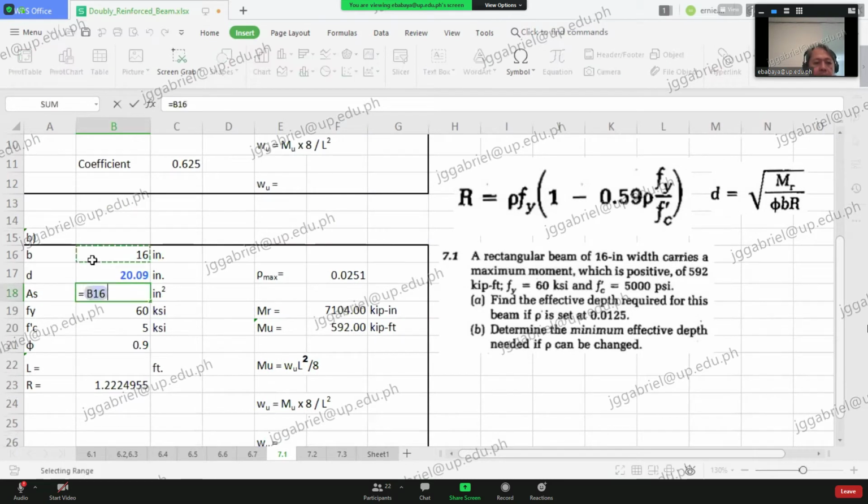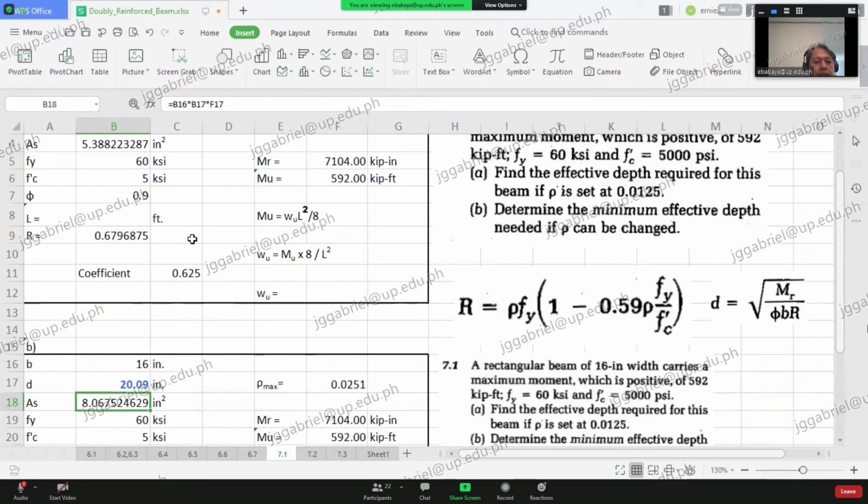Equal to B times D times rho, there, this is 8.06. So notice the difference. This should be higher. You should have a greater steel area because you are reducing the depth of the beam. So that's the effect. You must use more steel to reinforce your beam.